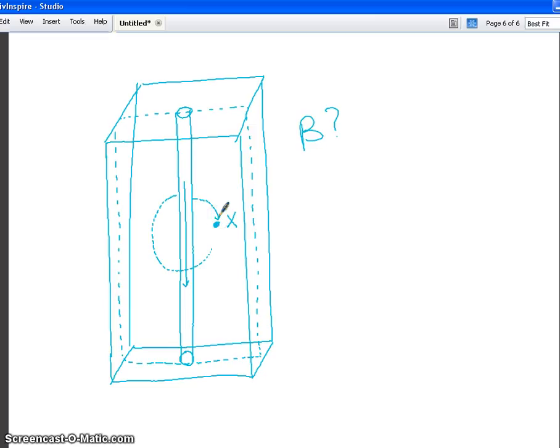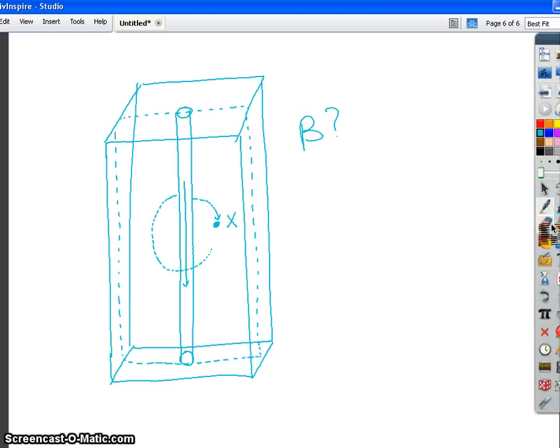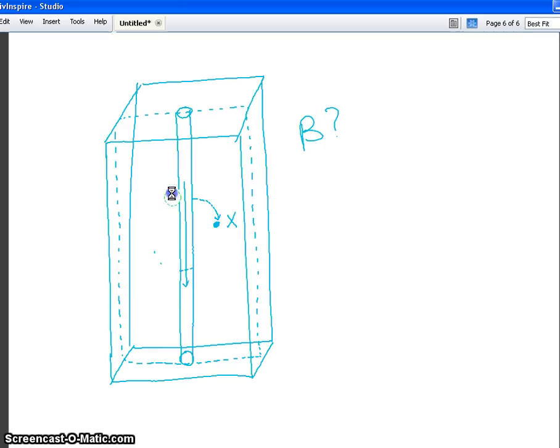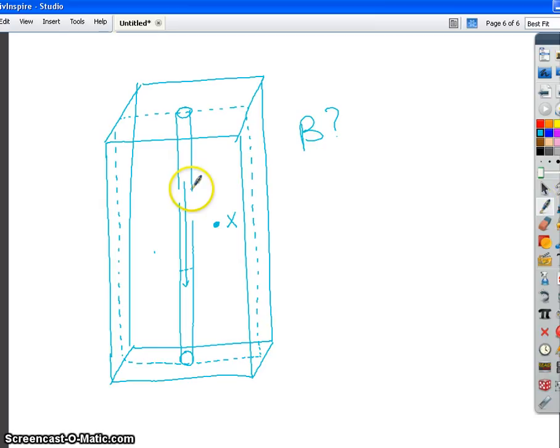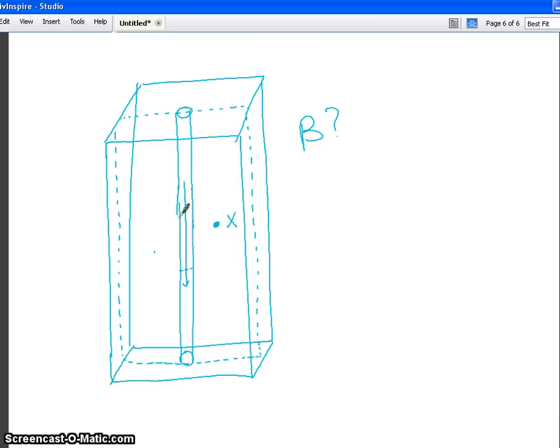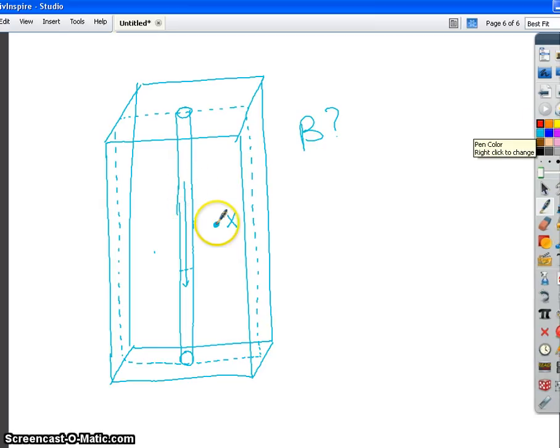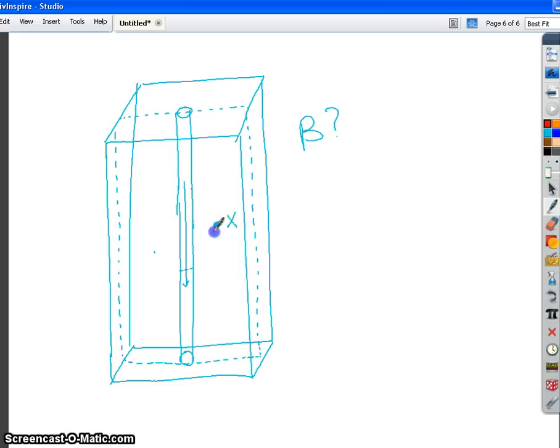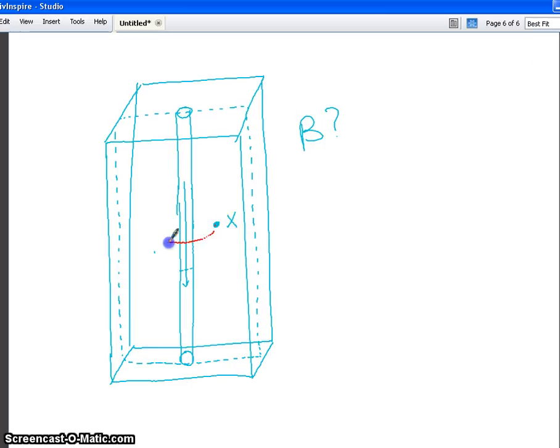Let me draw that a little bit better, a little more 3D-ish, in a different color too. Your fingers are going to curl around this way, and they're going to come back forward again.